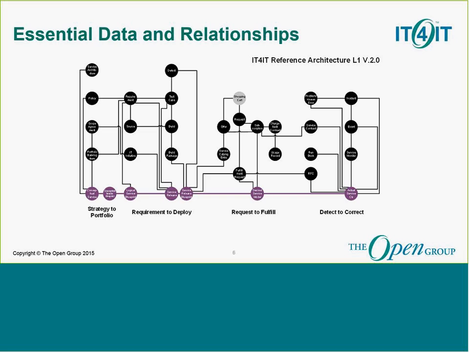One of the really great aspects of the reference architecture is it defines what the essential artifacts and the relationships are that we have in IT, that we have to deploy, understand, and capture, and we have to substantiate the relationships between them.